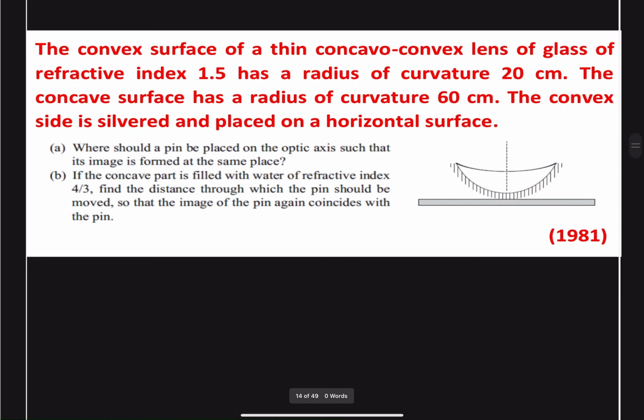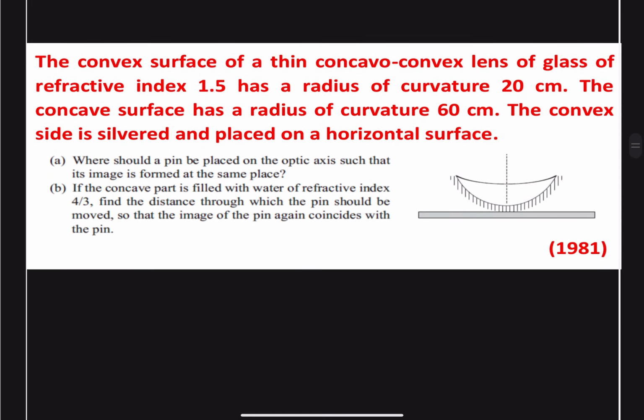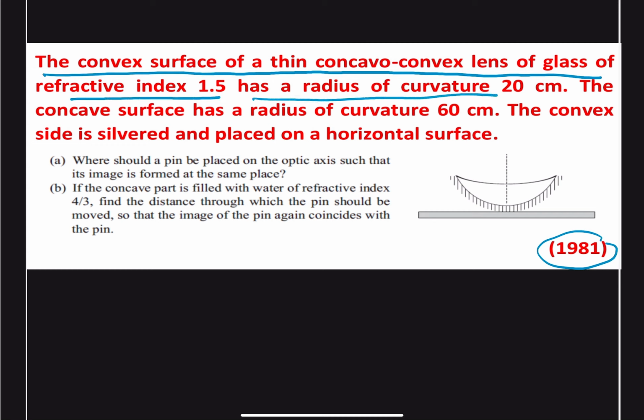We come to the next question, and here it is asked in the year 1981, and it states that the convex surface of a thin concavo convex lens of a glass of refractive index 1.5 has a radius of curvature of 20 centimeter.